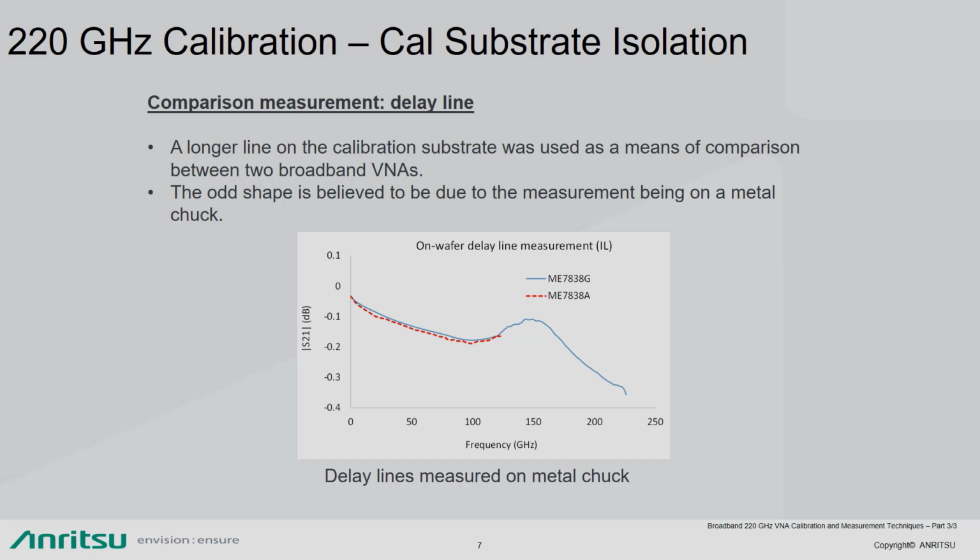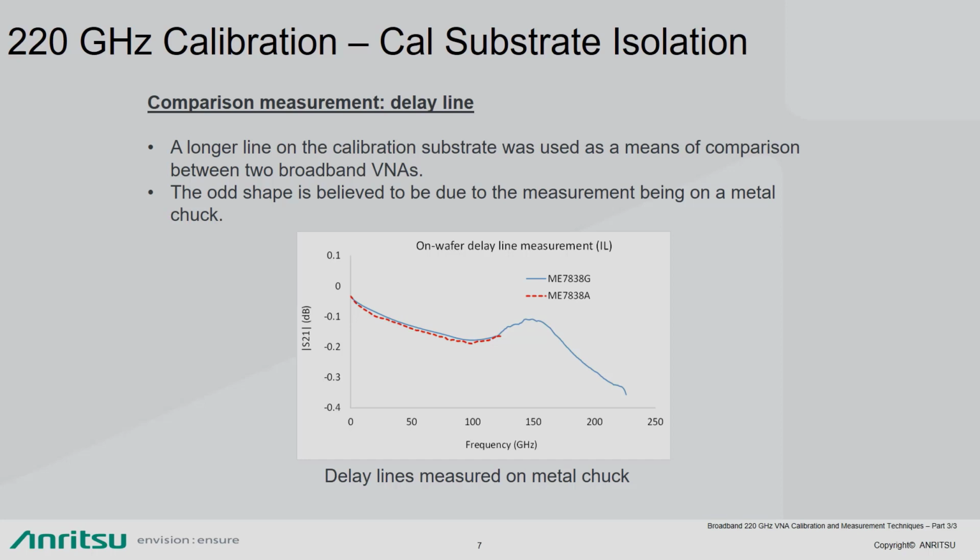Another check in the calibration evaluation is to measure the same device with another well-known system. For example, a 110 GHz system could be calibrated using a different set of calibration standards. Then, that system can be used to measure the same delay line, and the measurements can be checked for agreement.